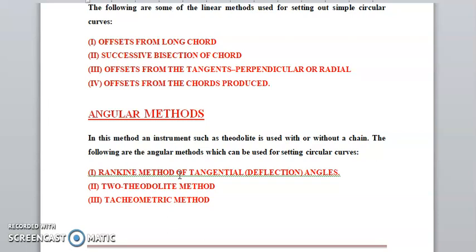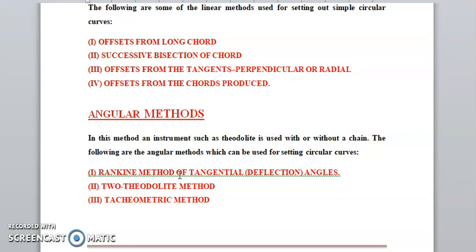These are the linear methods where a chain and tape is used for a simple, short curve.